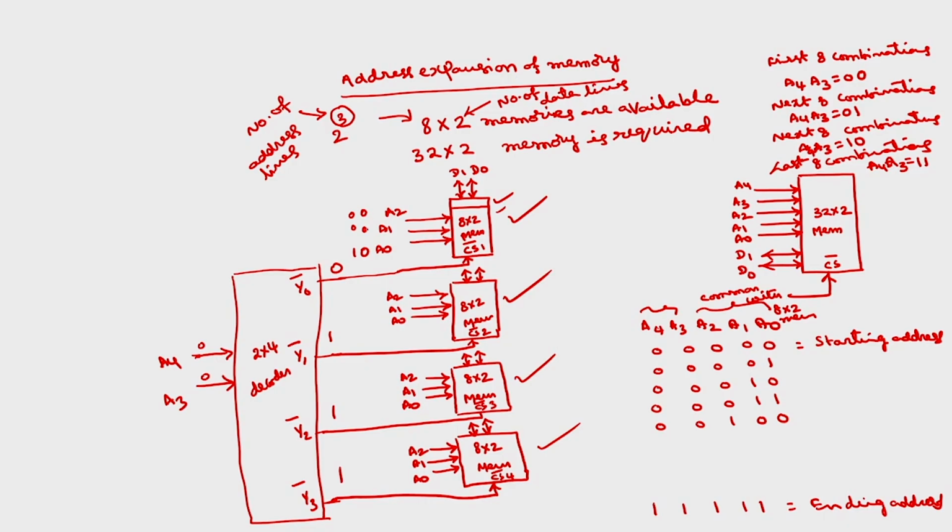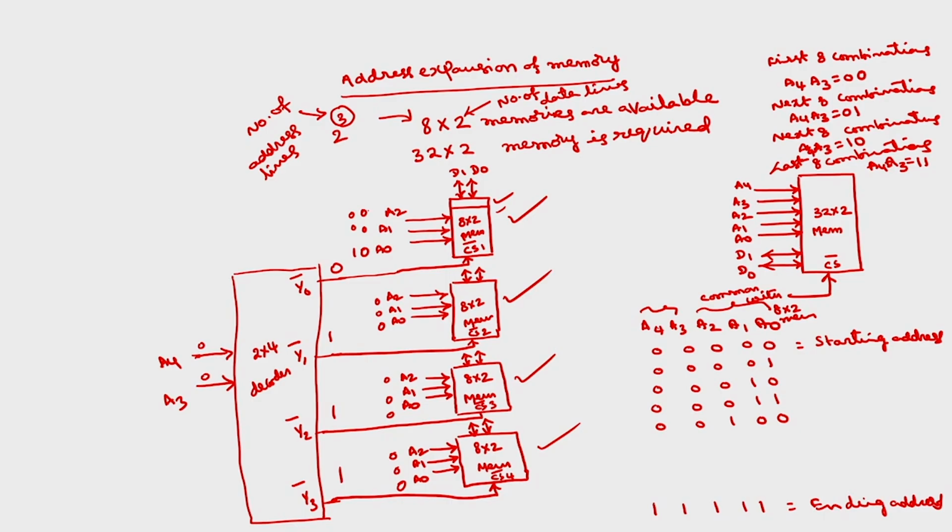Even if I give 000, this 000 is common to this also, this also, this also, but the chip select of the lower 3 8 by 2 memories is 1. So, they will not be selected. Even if I give A2 A1 A0 as 000, the 0th location of those memories will not be selected; they will be disabled.